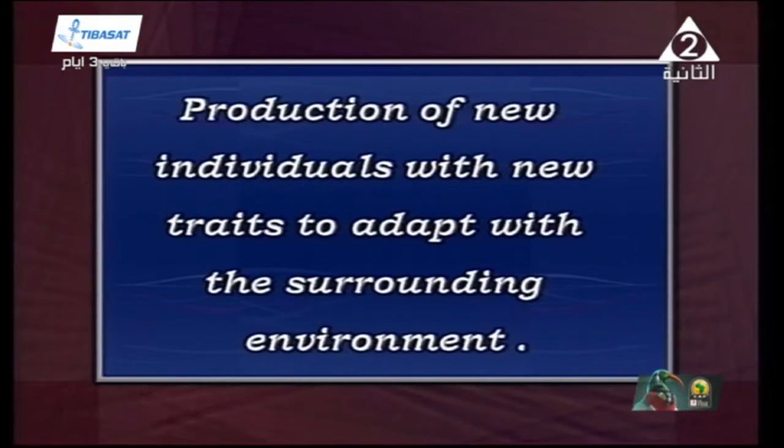And also, production of new individuals, new offspring with new traits to adapt to the surrounding environment. And we have a lot of other importances, but right now we're going to learn something new, which is the capacity of reproduction.